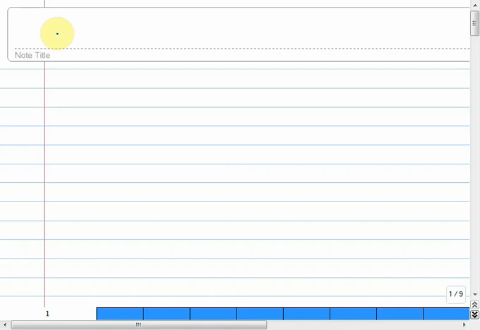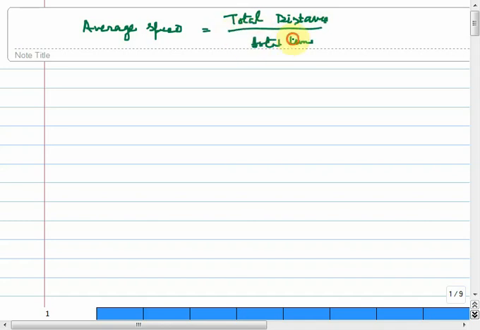Similar to the notion of average speed, where we have defined total distance covered upon total time, there is a notion of average velocity, and it is equal to displacement upon time.